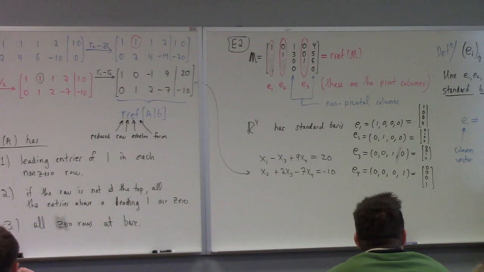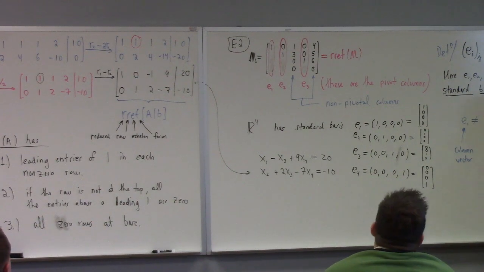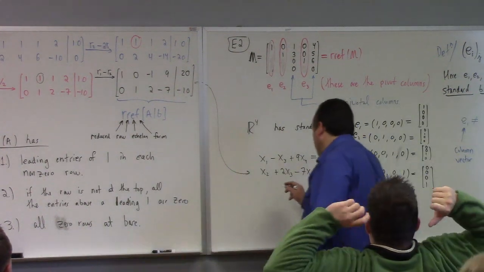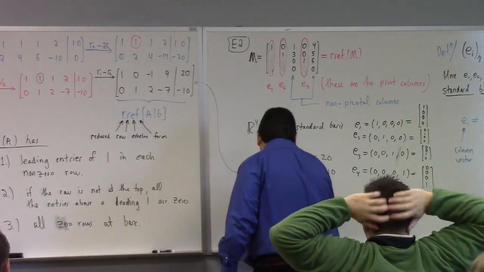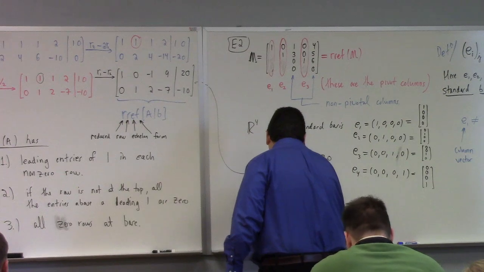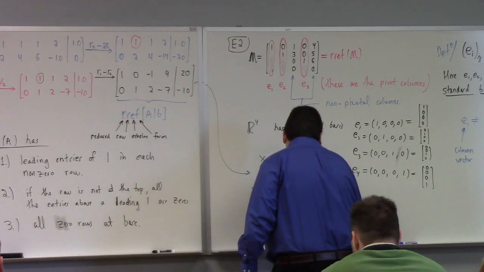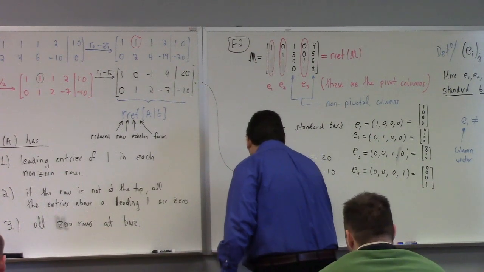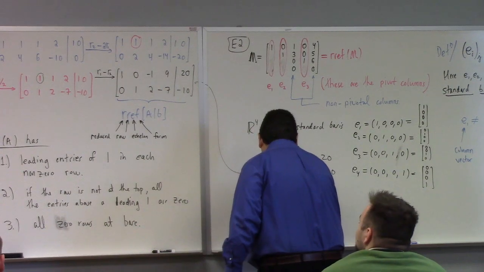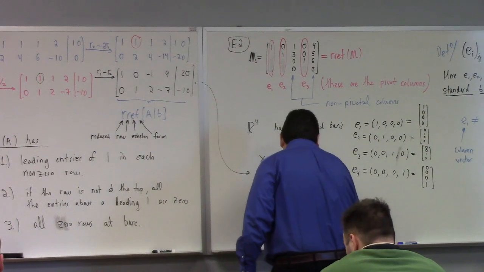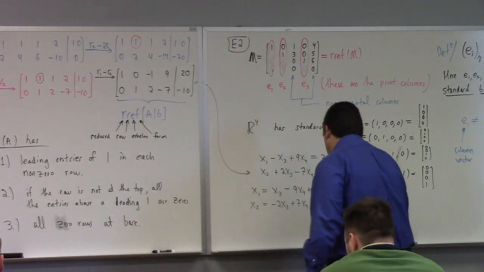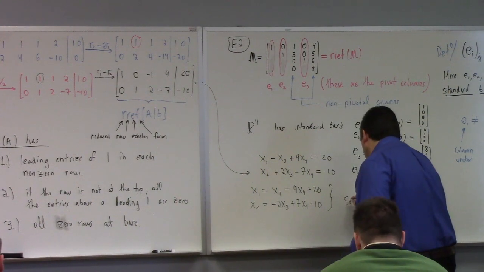You might say, how is that better than the original equation? Well, it's a little bit better. I can solve for x1 as x3 minus 9x4 plus 20, and I can solve for x2 as minus 2x3 plus 7x4 minus 10. And I can take those and write my solution set.